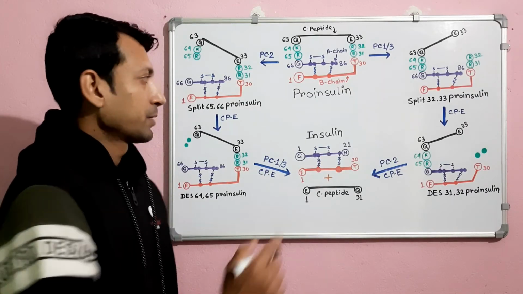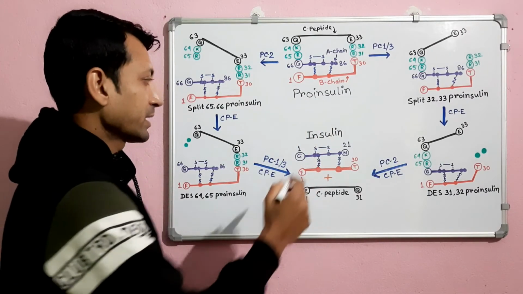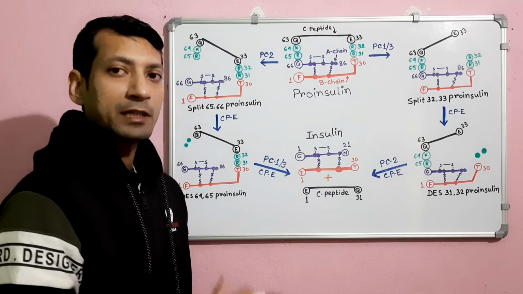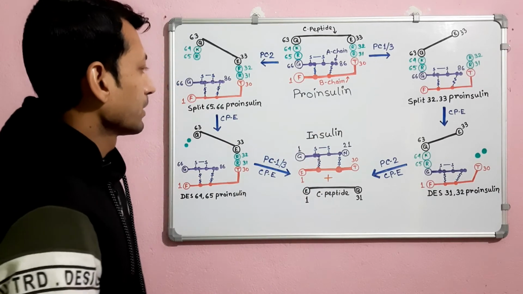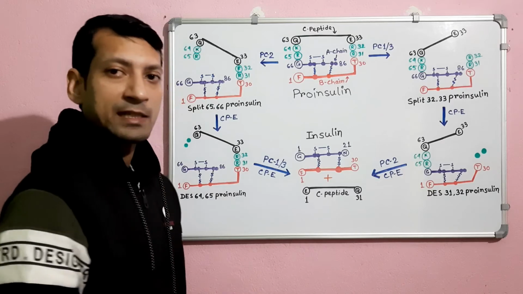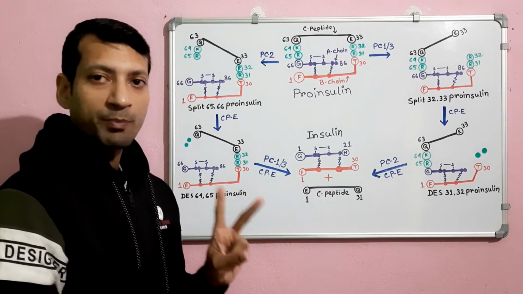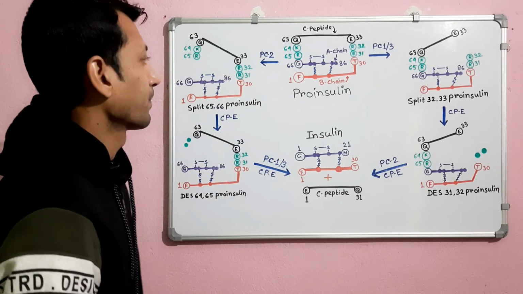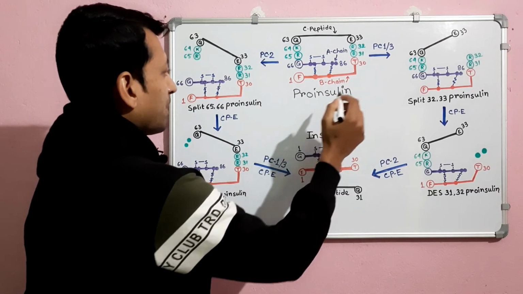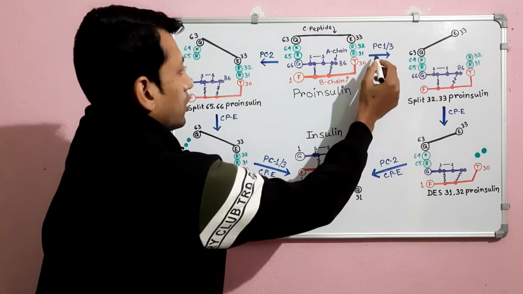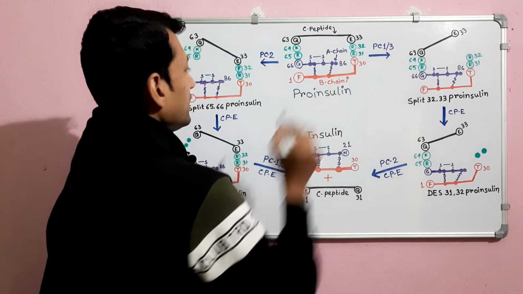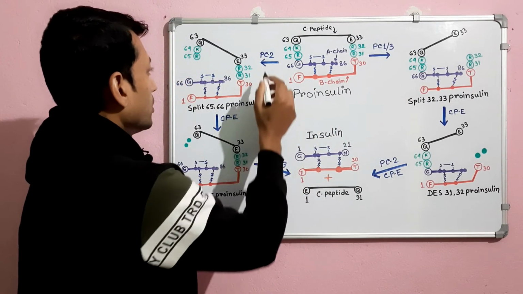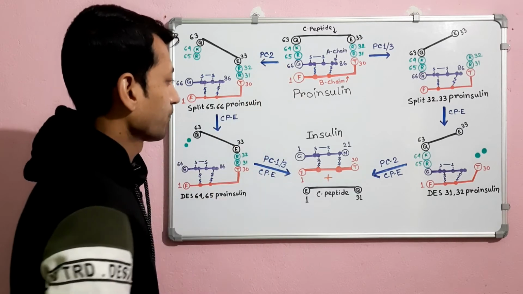Now, our proinsulin is ready to convert into biologically active insulin hormone. This conversion is catalyzed by two endopeptidases and one exopeptidase. The two endopeptidases are prohormone convertase 1 or 3 and prohormone convertase 2.